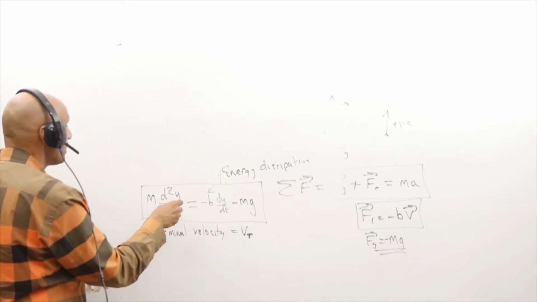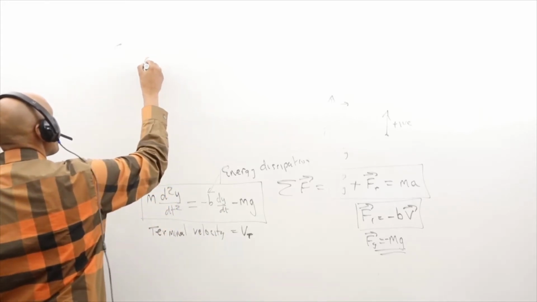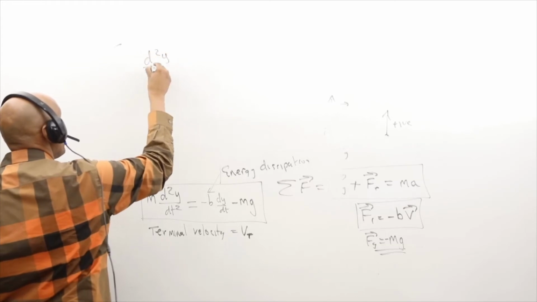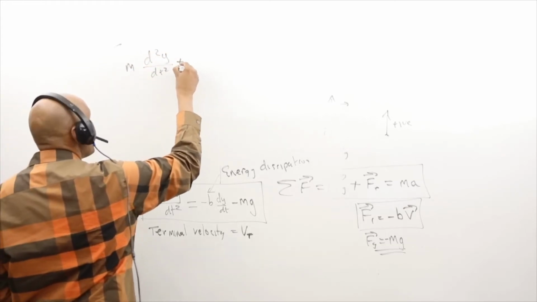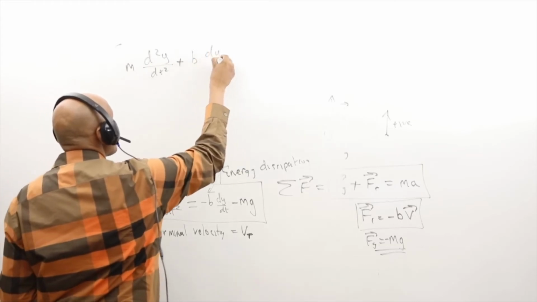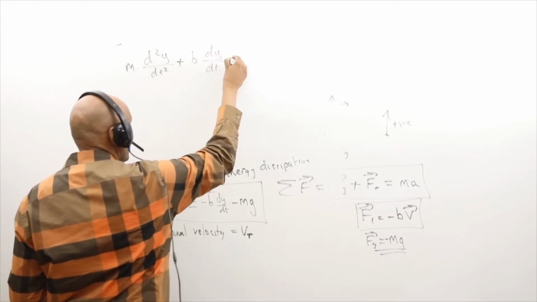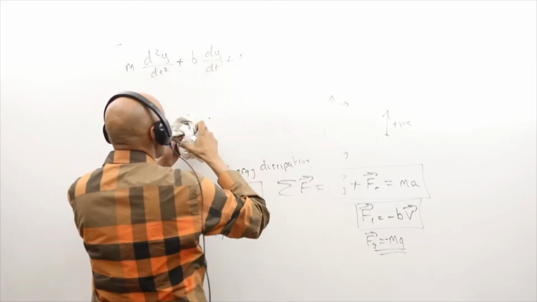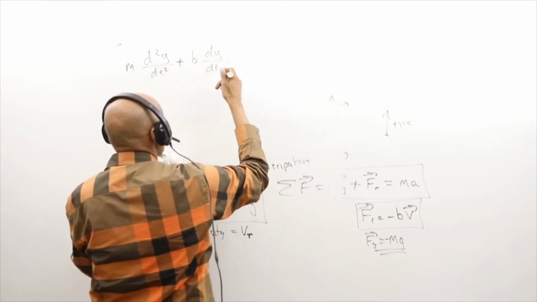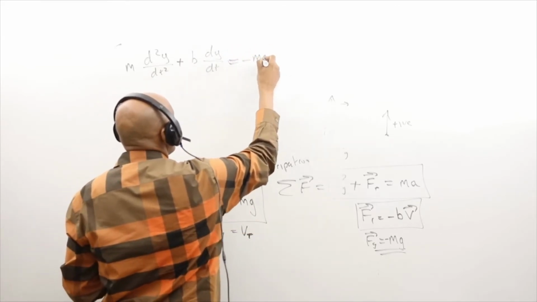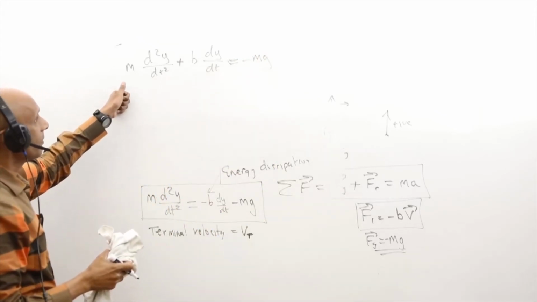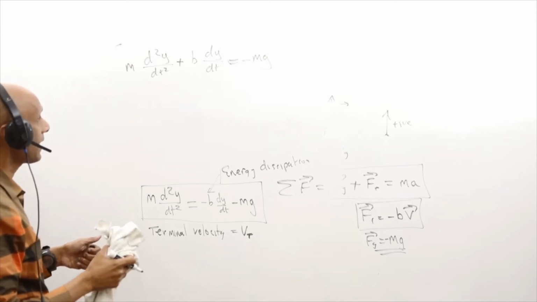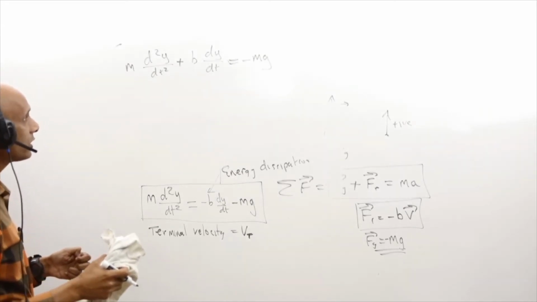So I'm going to try to solve this equation. I'm going to rewrite it right over here: d²y/dt² times mass plus b dy/dt, and I'll leave the mg on the other side. If you look at this equation, it is an example of a linear differential equation.